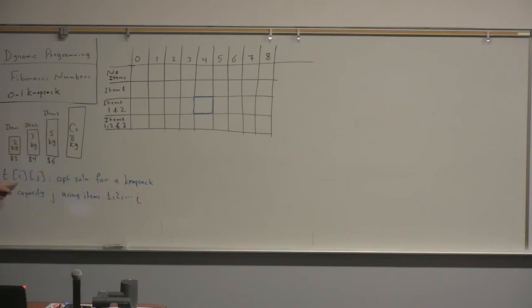So the entry T of i and j in the table will have the optimal solution for a knapsack with capacity j using items 1, 2 through i.